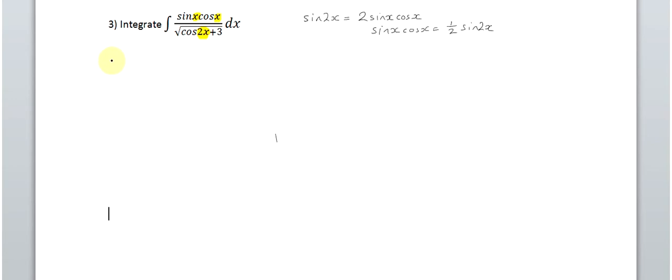So we're just going to write the top as a half sine 2x, and the bottom I'm going to write as cos 2x plus 3 to the a half.